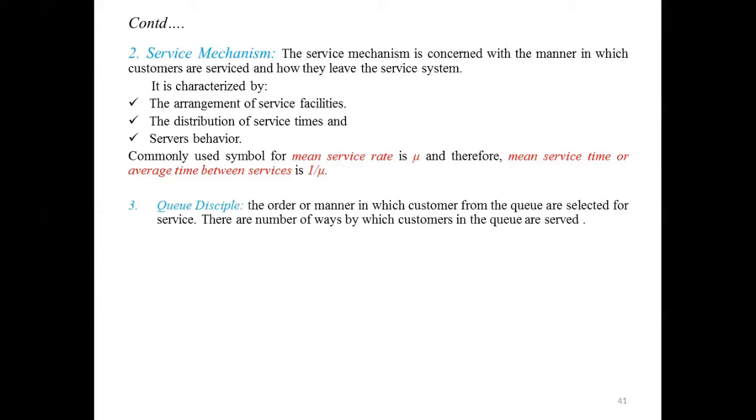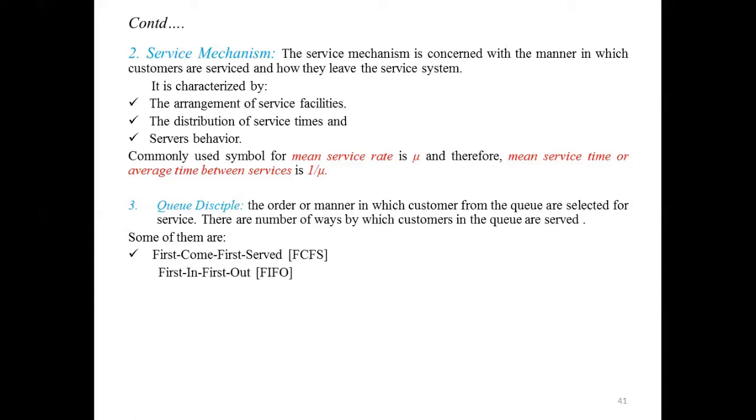Next, queuing discipline: the order or manner in which customers from the queue are selected for service. There are a number of ways by which the customers in the queue are serviced. Some of them are first come, first served. That means the person who comes first to the shop has to be served first.